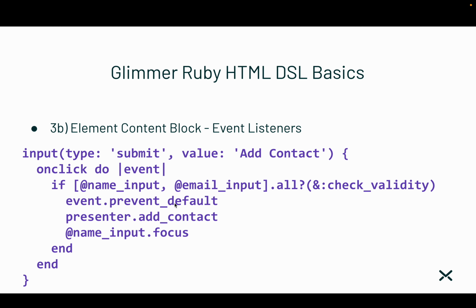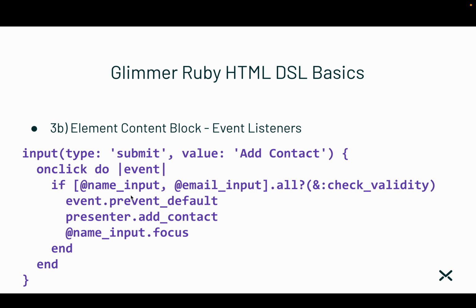Like prevent default, we all know prevent default, but in Opal Ruby they support the Ruby standards for naming. So instead of having prevent and then capital D for the default like in JavaScript, we write it the Ruby way. And then here it's invoking add contact on a presenter in Ruby, and then it's changing the focus to one of the elements that are declared on the page.